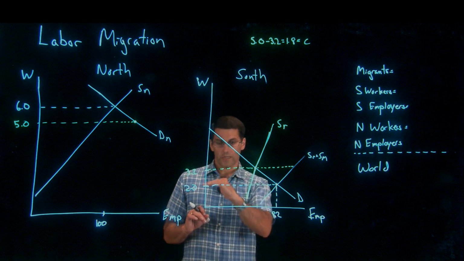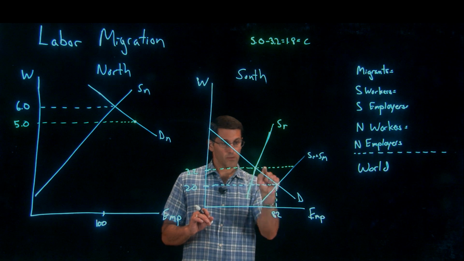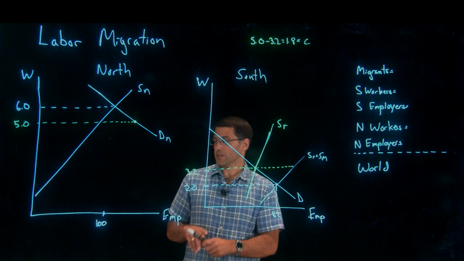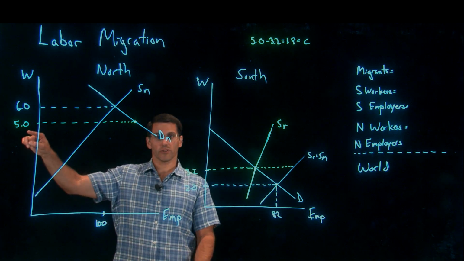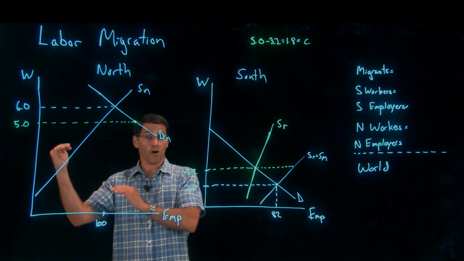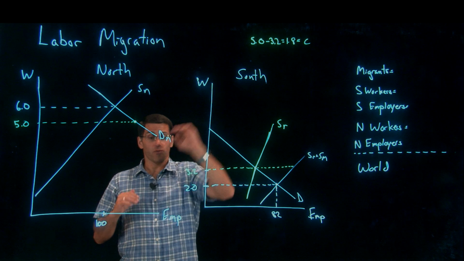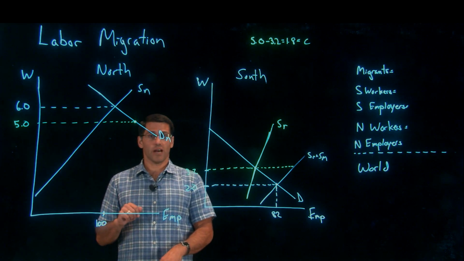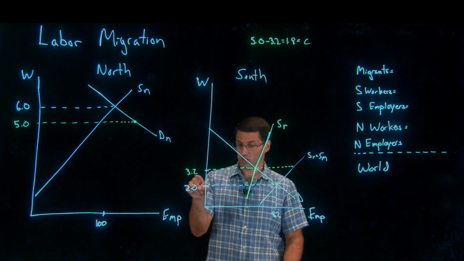When they leave, we see the wage going up for the remaining workers from 2 to 3.2. Now, of course, in reality, when the migrants move to the North, their wage is going to go to $5. But we need to net out the $1.80 in costs from that higher wage. So on net, the migrants are getting paid $5 an hour, but we have to net out those migration costs of 1.8, which gives us this 3.2.